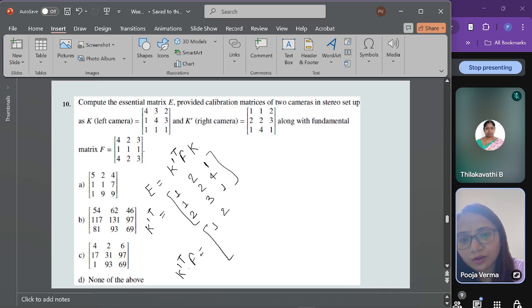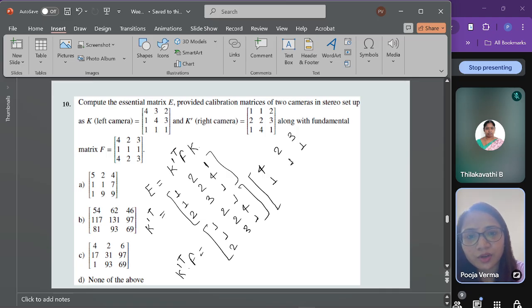So 1, 2, 1, 1, 2, 4, 2, 3, 1. And what is our fundamental matrix? Here it is given: 4, 2, 3, 1, 1, 1, 4, 2, 3. Just multiply these two matrices and you will get K dash transpose F. So you write row into column like this.